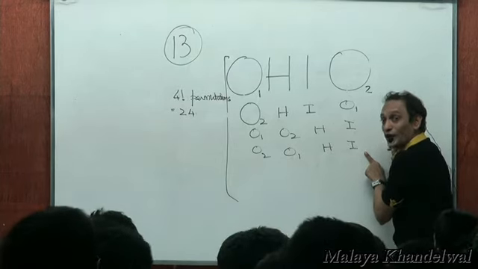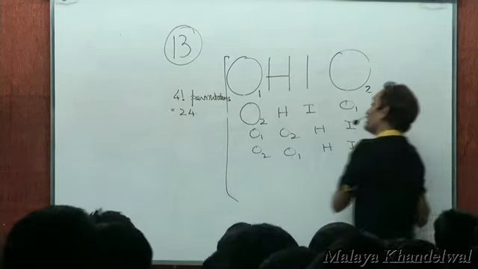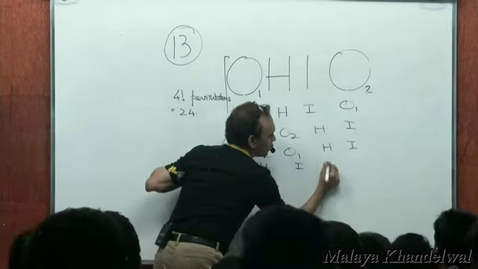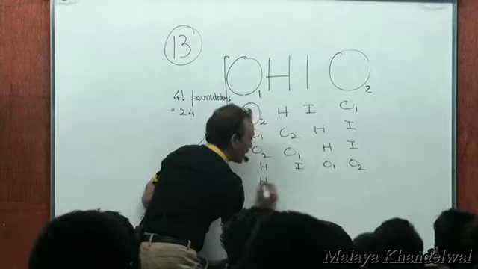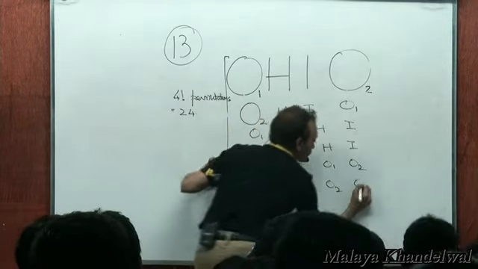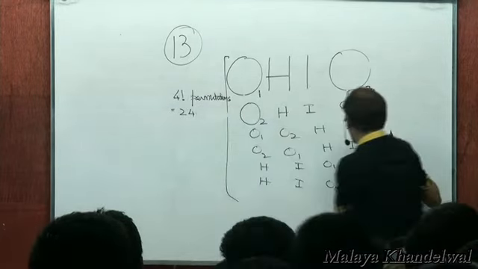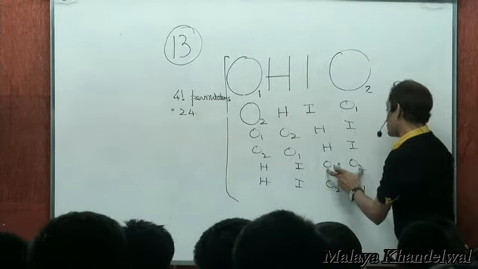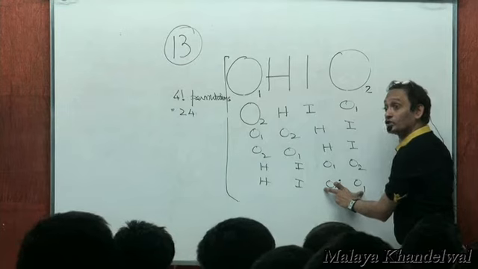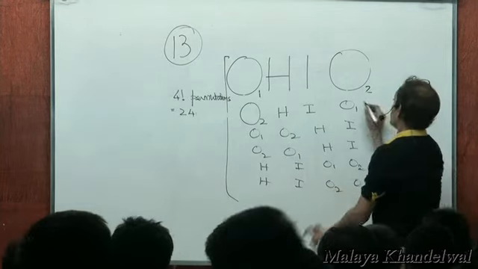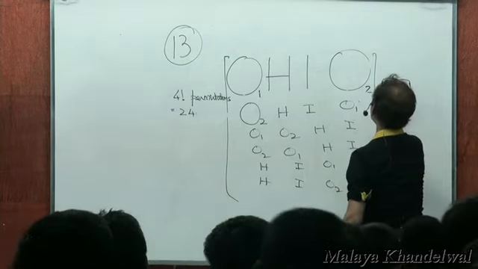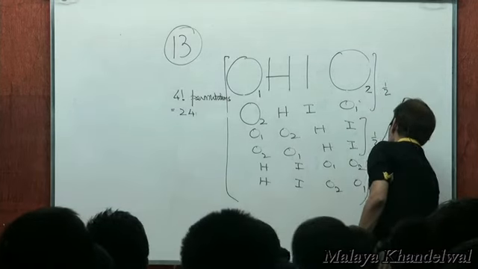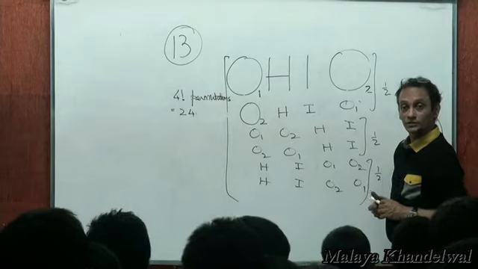Similarly, I could have had, say, HI O1 O2, HI O2 O1. In this 24, this permutation is included. These two appear different, but are they actually the same or different? Same. So only half of these, half of this, half of this will be included.